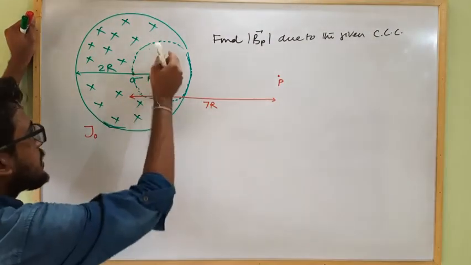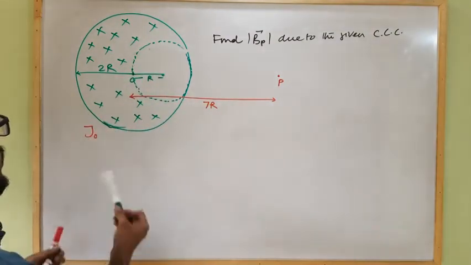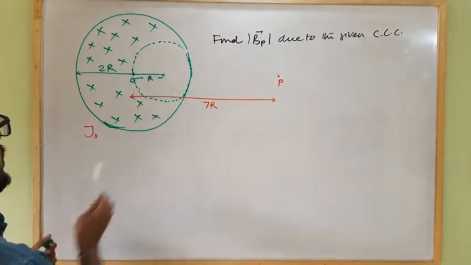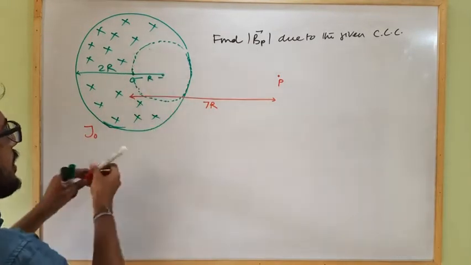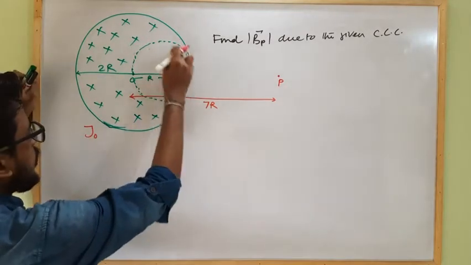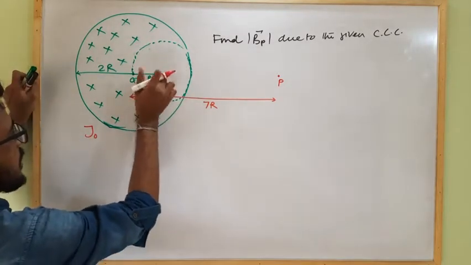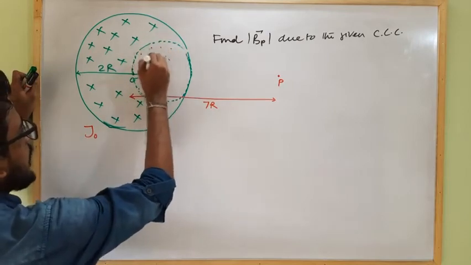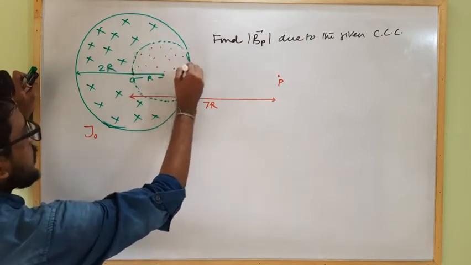That means for this the current is flowing in the opposite direction like this. If these are going inward, then assume there is a cavity, or a small current carrying conductor of infinite length of radius r which carries current in this direction, opposite to that, and having current density J naught.